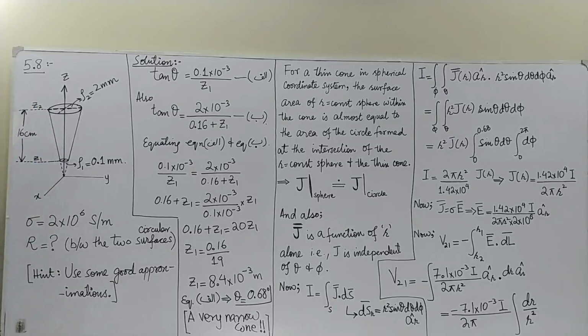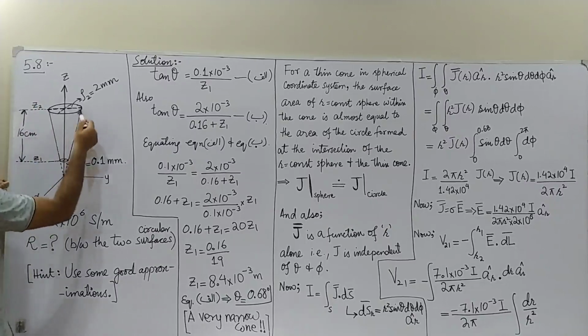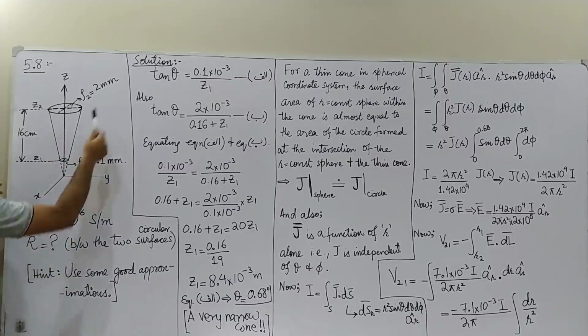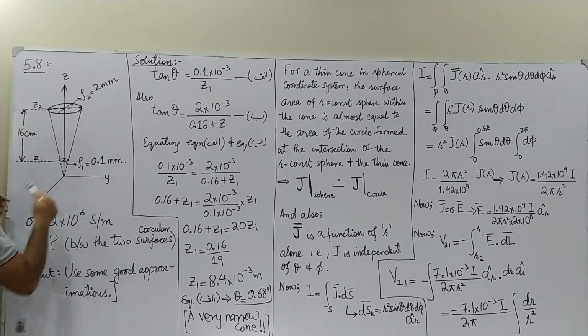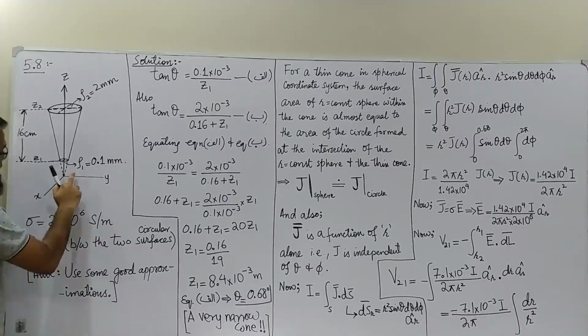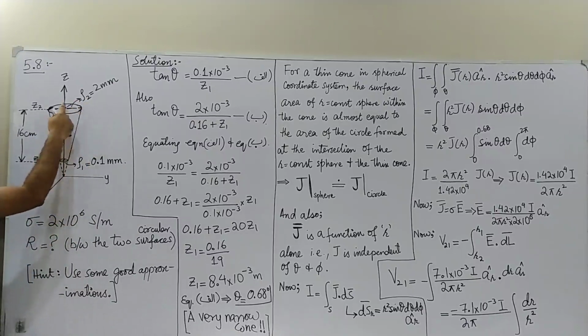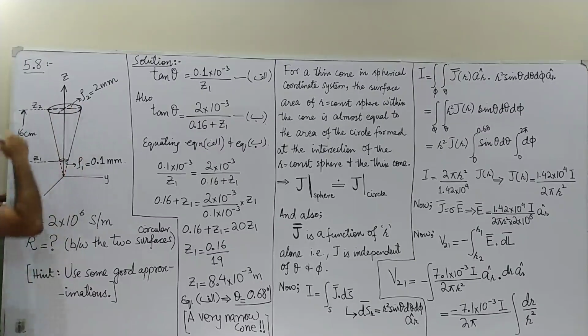The radius of this circle has also been given to us, and we are representing these radii by rho, not by r, because we know that r in a spherical coordinate system is the radius of the sphere, not of this circle, which is made by the intersection of the sphere and a cone.